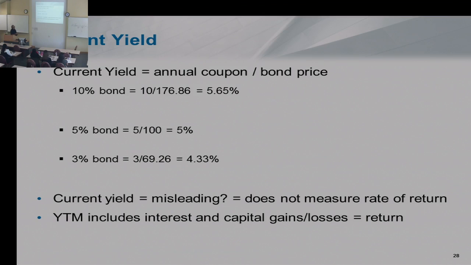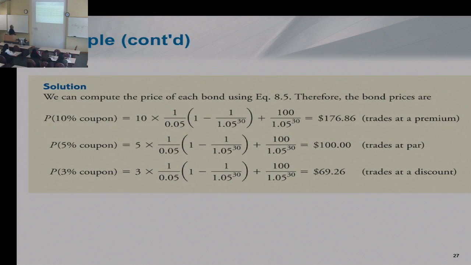So for the 10% bond, it's 10 divided by the price, 5 divided by the price, or 3 divided by the price. What does that tell you? If you were to look at current yields, you might think this is the best. Is it the best? No. All three bonds are going to earn you on average 5% per year for 30 years.